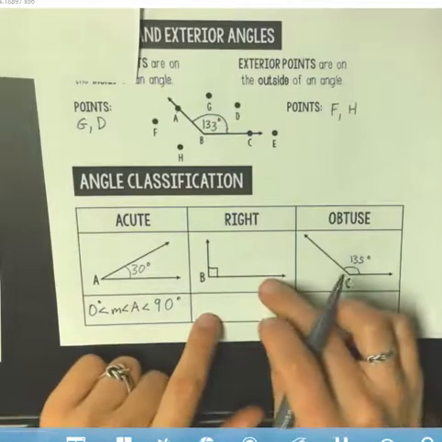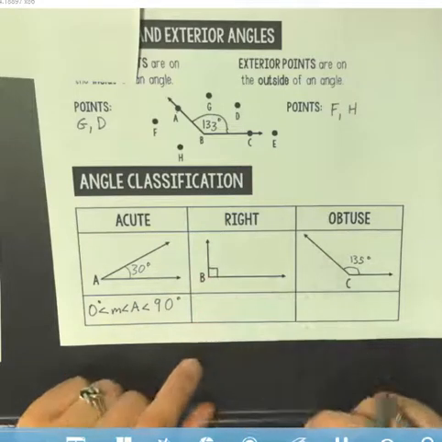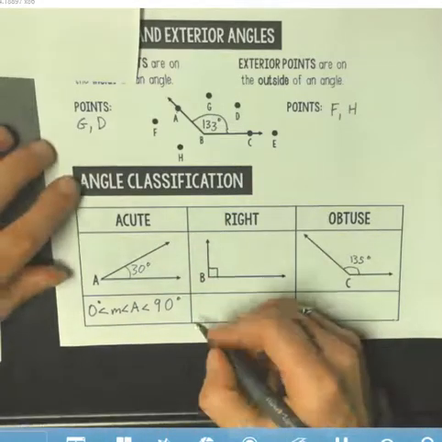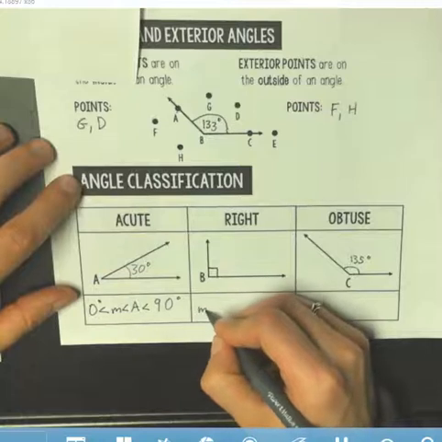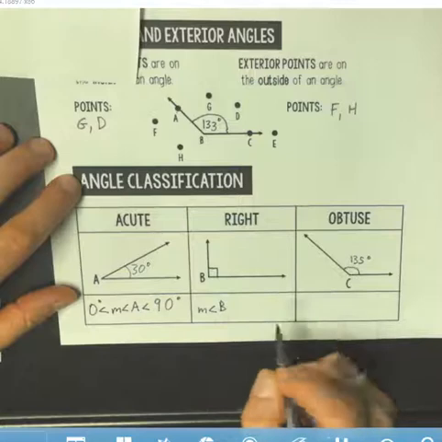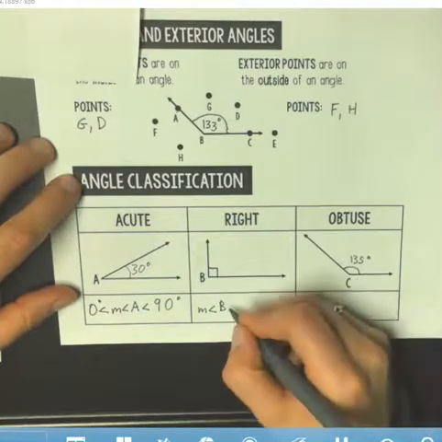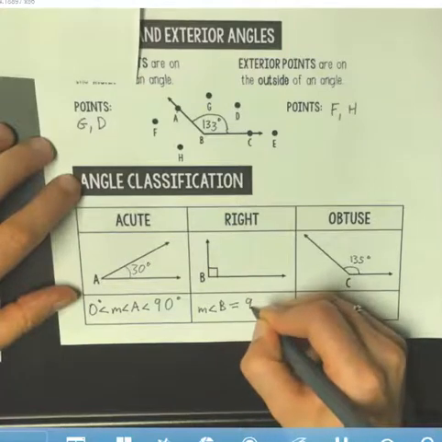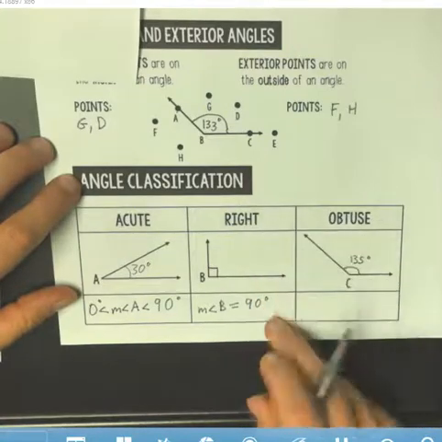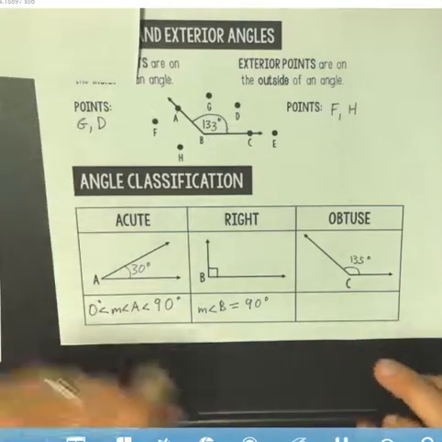Okay. A right angle is an angle that measures exactly 90 degrees. So I'm going to put measure of angle B. This is not a greater or less than sign, it's an angle sign right there in that case. Equals 90 degrees.